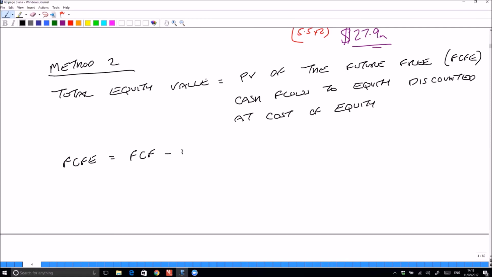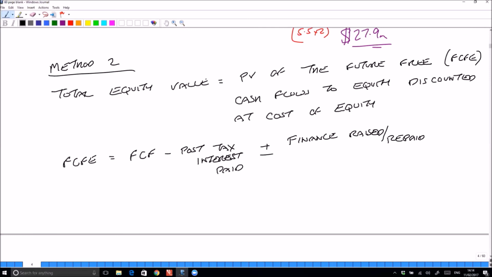It's minus the post-tax interest paid, and then plus or minus finance raised, or indeed repaid. And in this question, and in most questions, there's no finance repaid or raised.